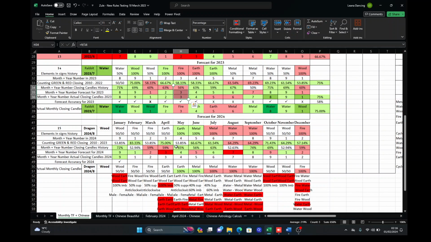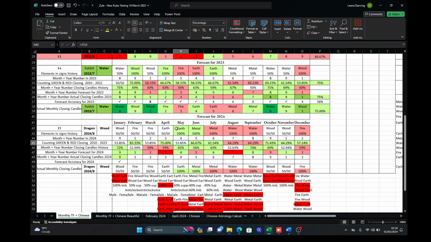Oh, sorry, I beg your pardon. 65% is number 4, the historical performance of number 4. In terms of green and red candles, it's only 53%, so it's neutral. So we have 2 points here, the female and number 4. We have two points supporting a green expectation, and we have 1 point that is neutral.